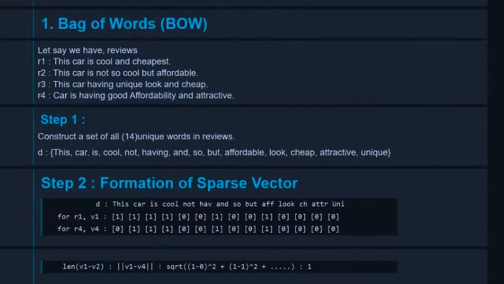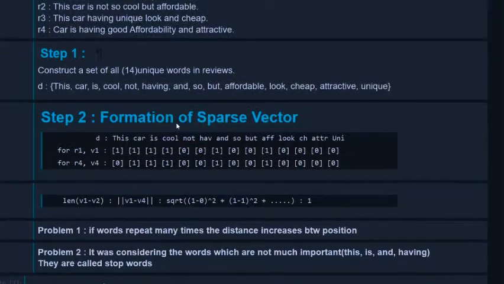Otherwise the set is literally big. The vector of bag of words has lots of words which are not really of use. So text pre-processing is needed.